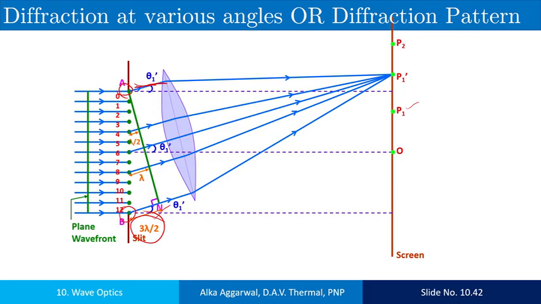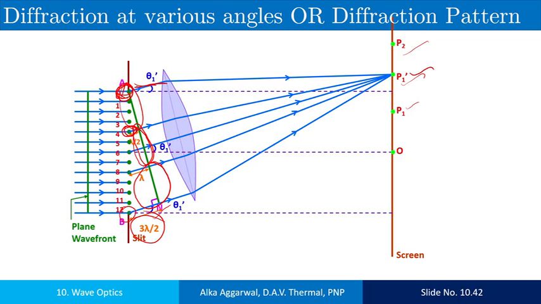The waves coming from this point and from this point have a path difference of lambda by 2 when they reach the point P1, so the net effect is 0. For all the points in this region, there is a wave for which the path difference is lambda by 2, hence they cancel out the effect of one another. And we get a bright fringe due to this portion of the beam.